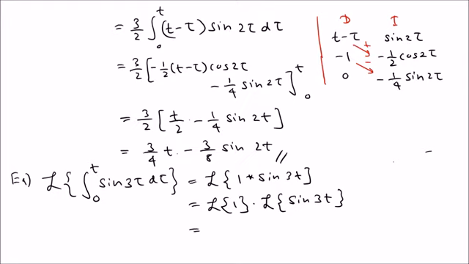The Laplace transform of 1 is 1 over s, times 3 over s squared plus 9. If you write it as one single expression, it is 3 over s times s squared plus 9. Sometimes it's not really visible what is there, so that's a good one.